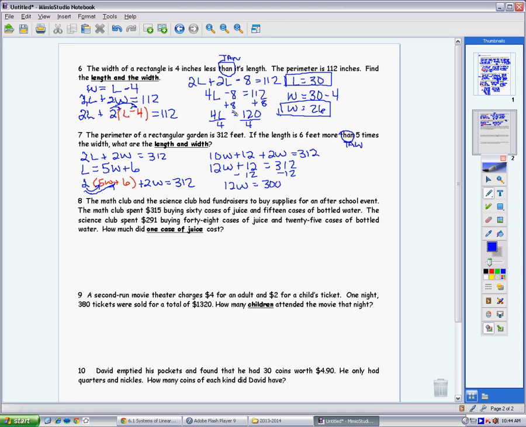And then I'm going to divide by 12, and 300 divided by 12 is equal to 25. So my width is going to equal 25, and I'm going to go back and find my length. Okay, my length is going to be 5 times 25 plus 6. So the length is going to be 125 plus 6, and the length is going to be 131. And now I have both my length and my width.